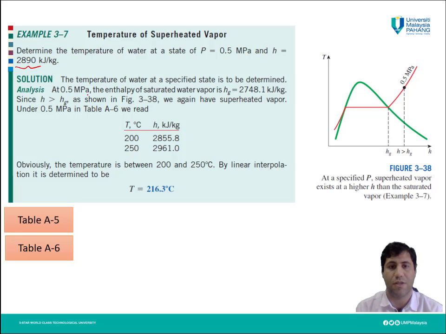We found the temperatures and also the enthalpies which we require to do the interpolation. You can see the enthalpy we have here, 2890 kilojoule per kilogram, is between these two enthalpies, and the temperature should be between the temperatures too. Let's do the interpolation with the method which we learned in the previous slides.